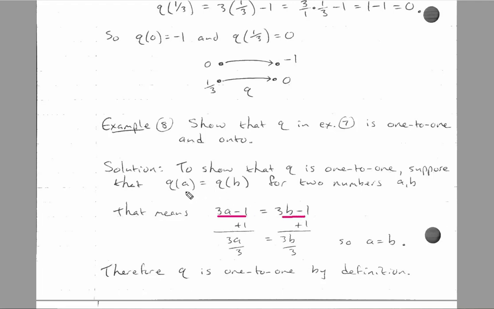Okay, so we're assuming they're equal to begin with. What does that tell us about how a and b are related? Well, if you add 1 to both sides, that tells you that 3a is equal to 3b, and then divide both sides by 3. That tells you that a has to equal b.